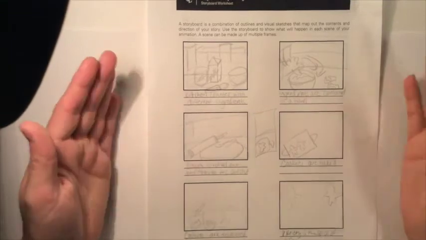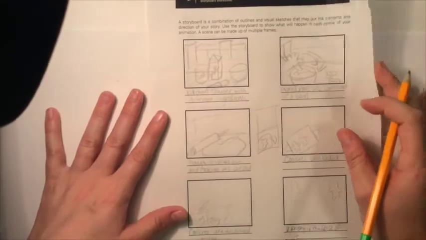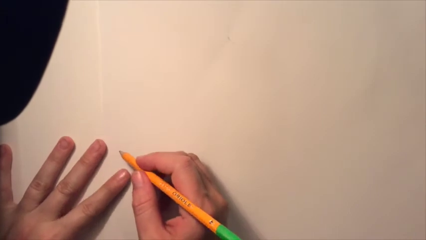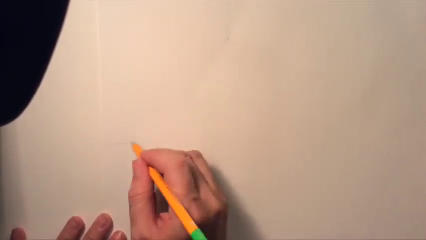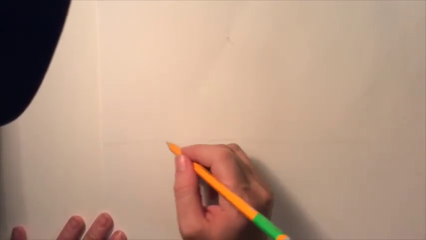Okay, so I've planned out my ideas on my storyboard. Once I have that finished, then I can start making my background. So I have some larger paper for you to work with. So the first thing I would do is sketch out what your design is for your background. So most of mine is going to be focusing on this table that's close up.